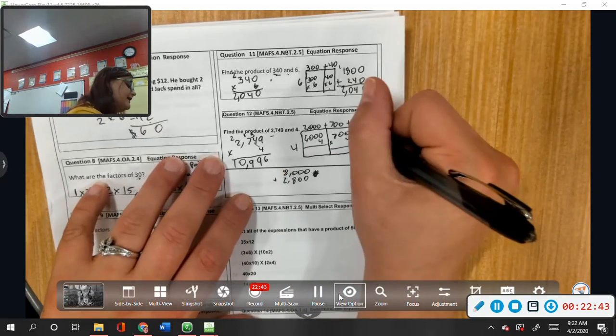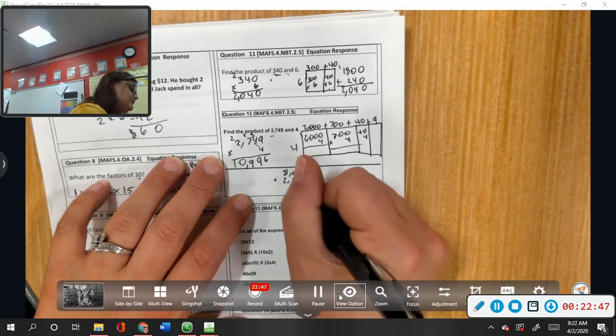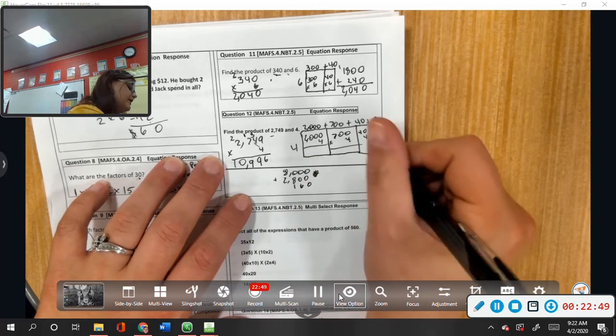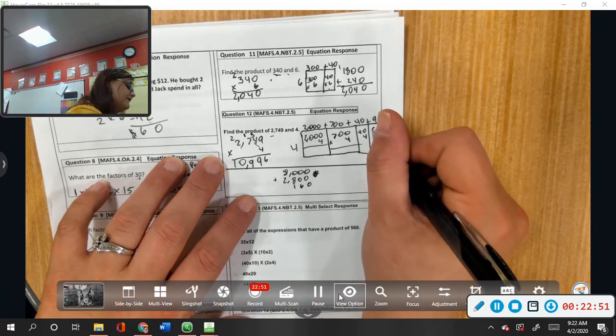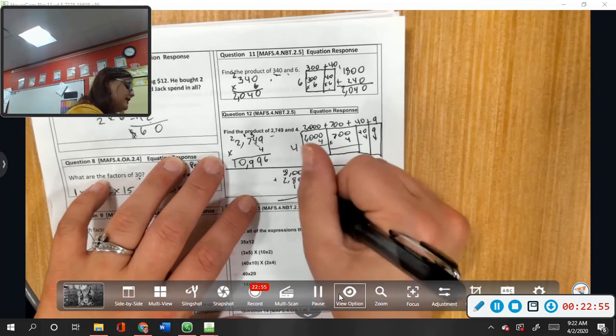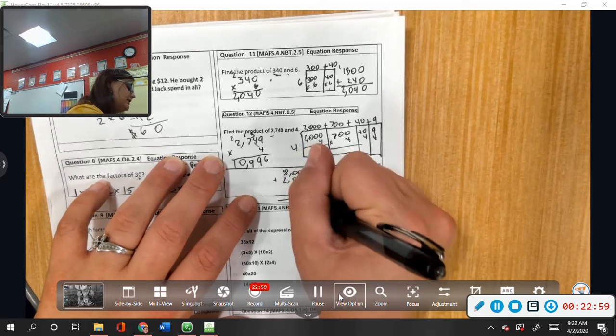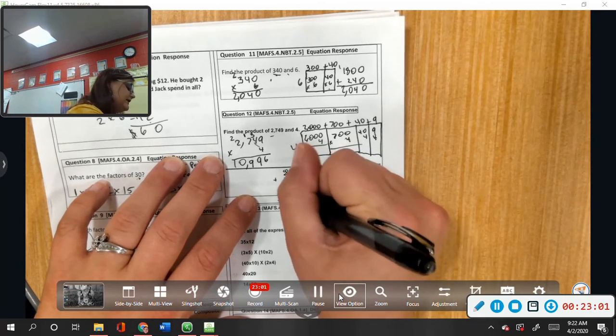Then we have 40 times 4. 4 times 4 is 16, plus 1 zero. And then we have 9 times 4, which is 36. And we just add through. 6 plus 3 is 9, 9, and 10.